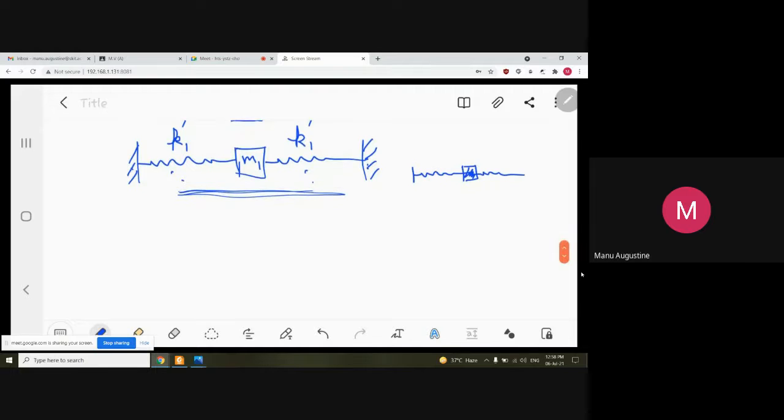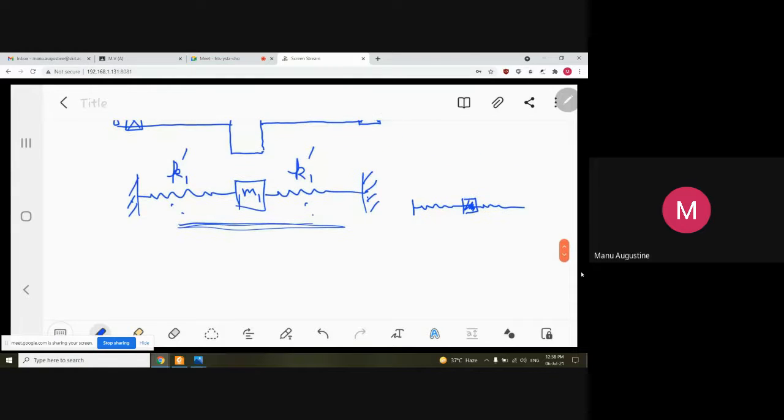We have already deliberated on such issues, so I will not dwell on why this is in parallel. I would rather encourage you to go and look it up yourself. Try to do a little bit of research on the internet and find out why, when springs are connected on either side of a mass, they actually behave like springs in parallel and not springs in series.